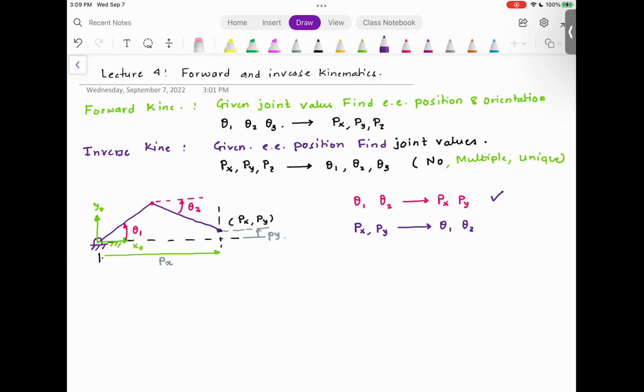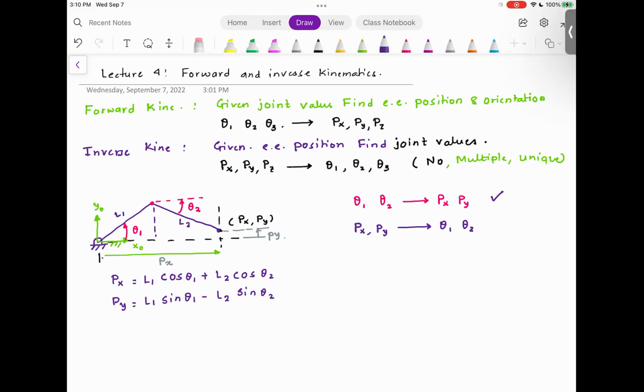If you remember the forward kinematics equation, we wrote something like px equals L1 cosine theta 1 plus L2 cosine theta 2, and py in this particular case is L1 sine theta 1, and here I need to use minus L2 sine theta 2.